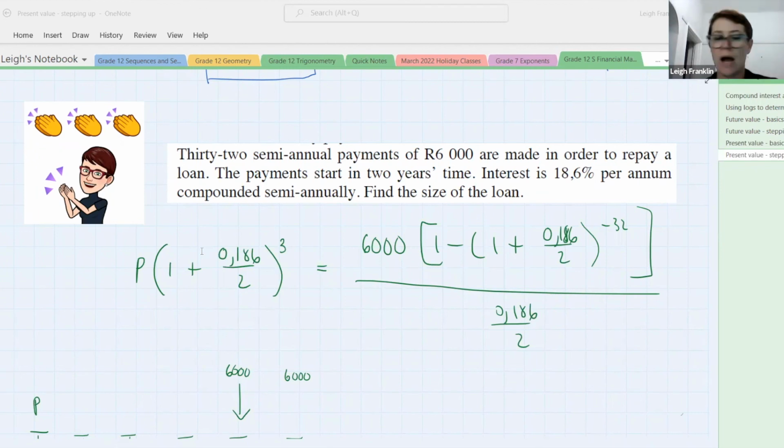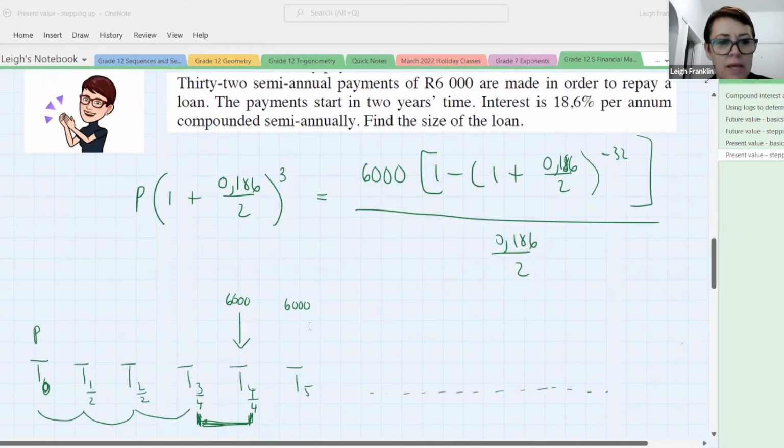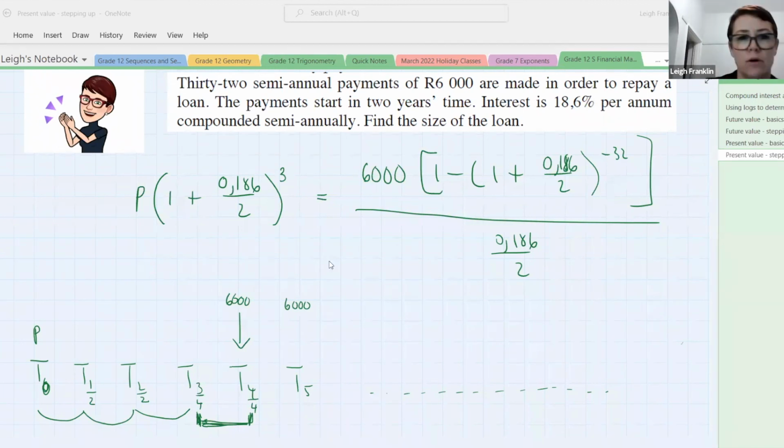All right, so in this case, what I would do in order to be able to solve for P is you would divide both sides by what was in the bracket.